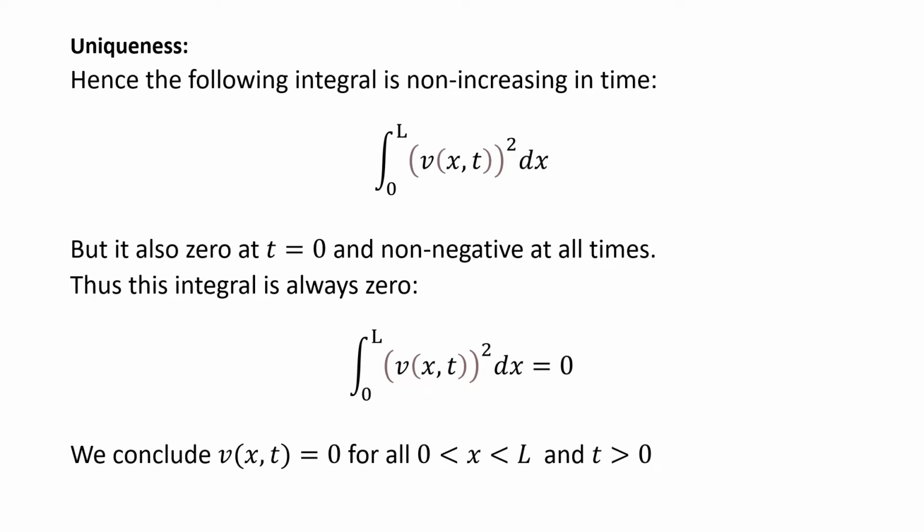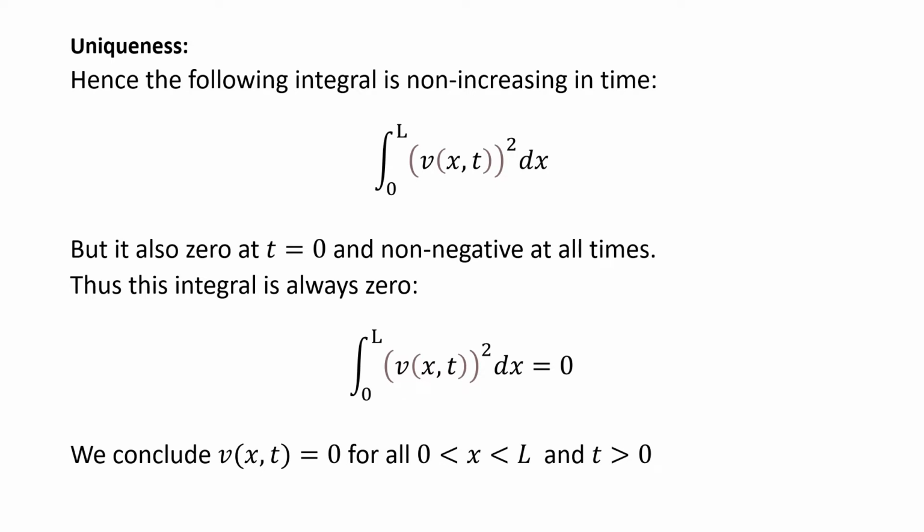And what we know is that this function in t does not increase over time. It can only be 0 or negative. Well, that being said, this integral is not negative because it's the integral of a square after all. It can only stay constant or go down.